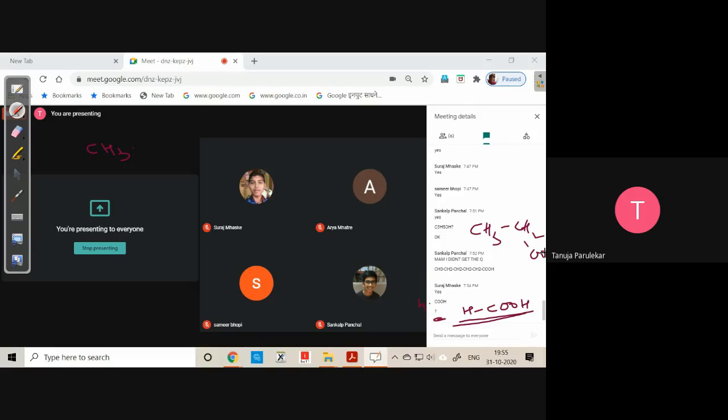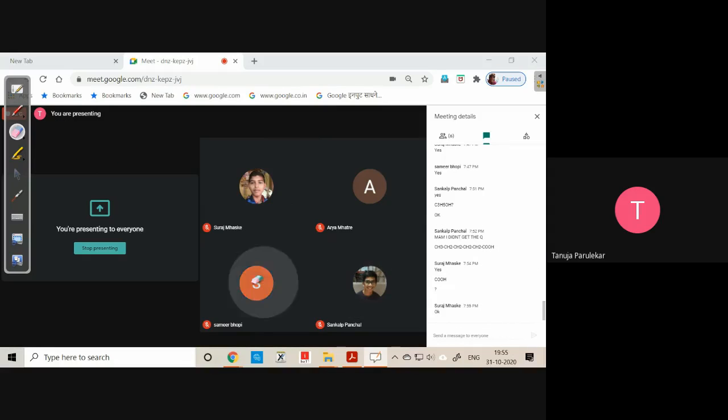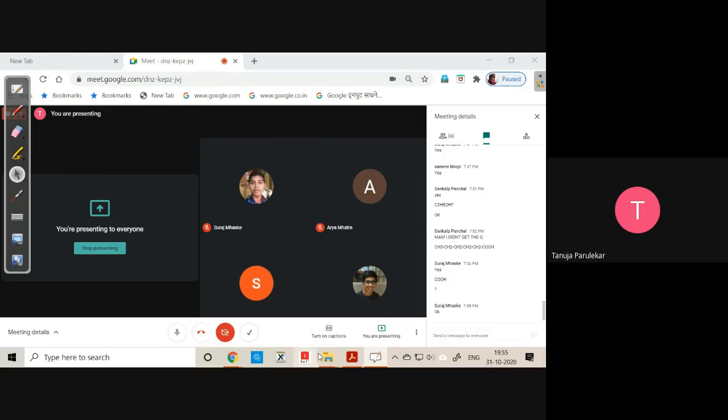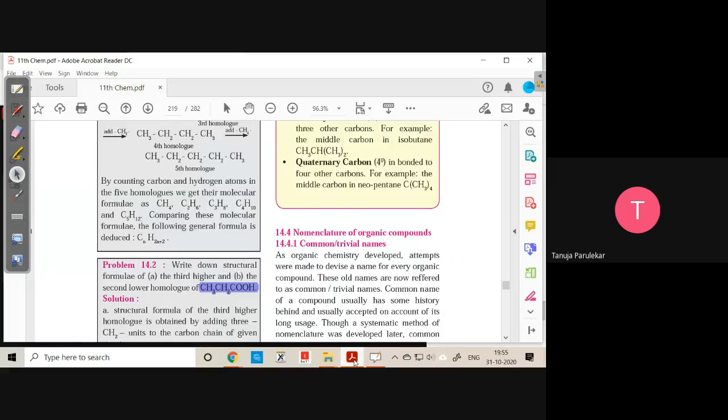CH2 and COOH. So they have told us to remove CH2. When you remove CH2, what remains? It remains as HCOOH, right? So you have to remove CH2 that way. Okay. So the number of CH2 to be added and the number of CH2 to be reduced. Fine.